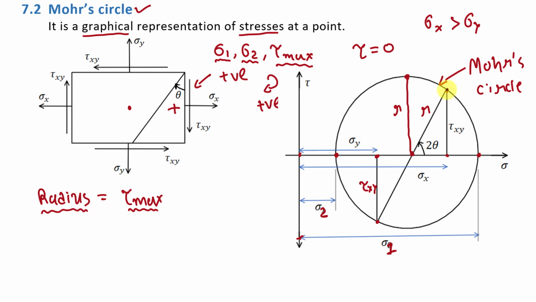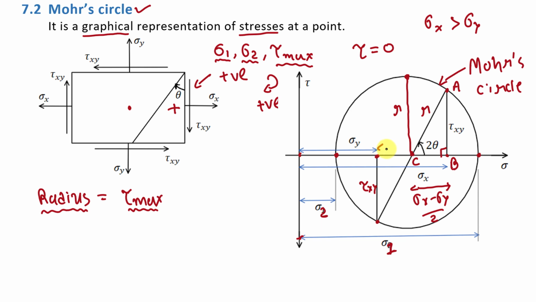Now let's say this point is point A, this is point B, and this is point C. In triangle ABC this angle is 90 degree. So we know that this distance is tau xy, and here this distance will be sigma x minus sigma y by 2.